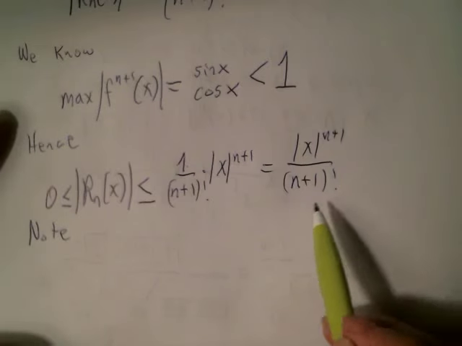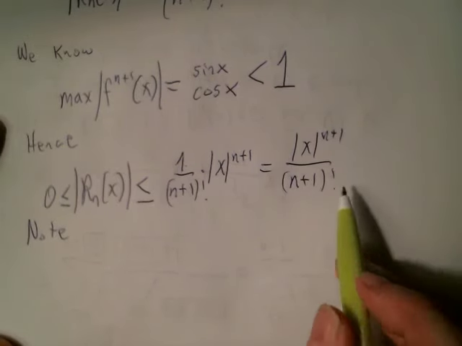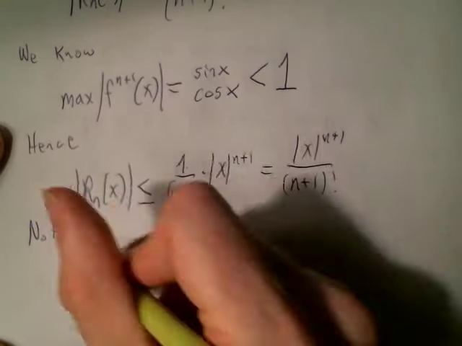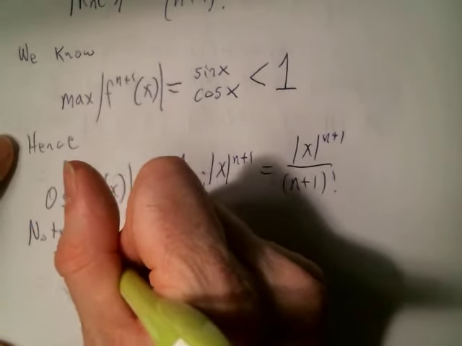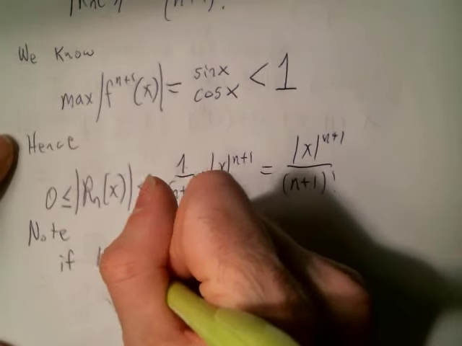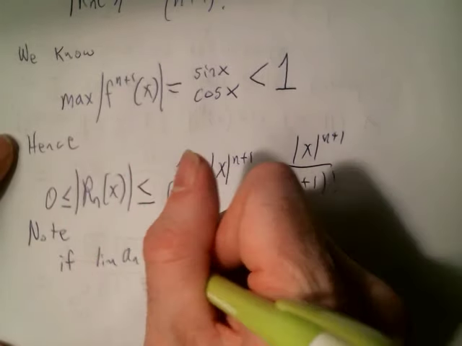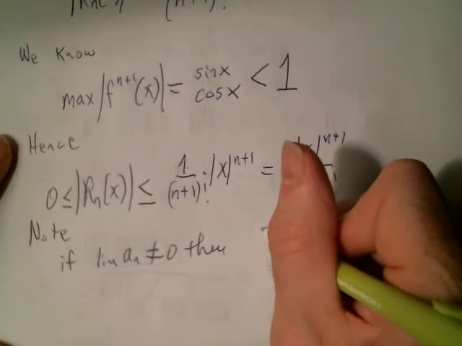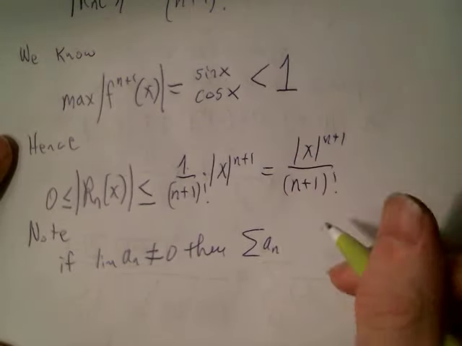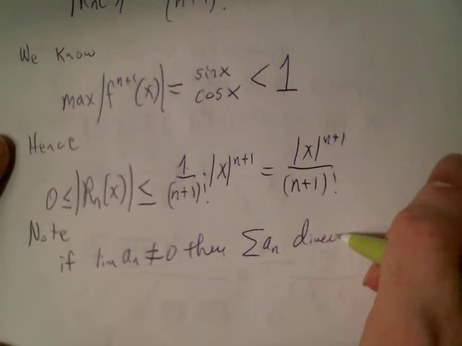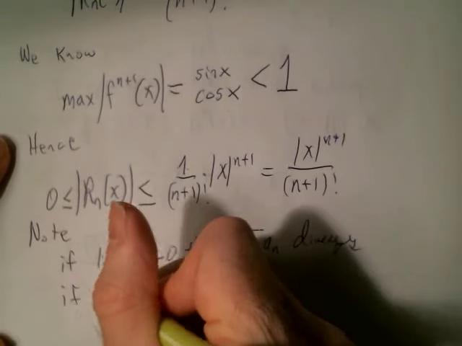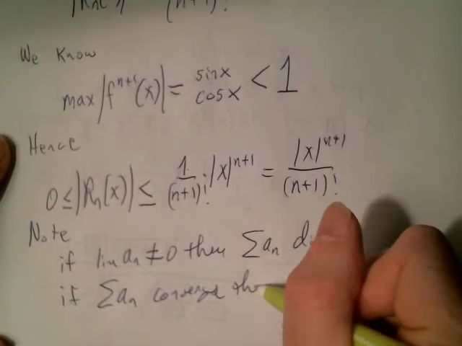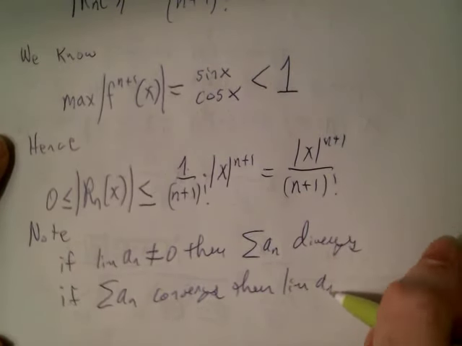So what I'm going to have to do is remember the nth term test for divergence. If the limit of a_n as n goes to infinity does not equal 0, then the series a_n diverges. The way I want to use it, though, is if the series of a_n converges, then the limit of a_n equals 0.